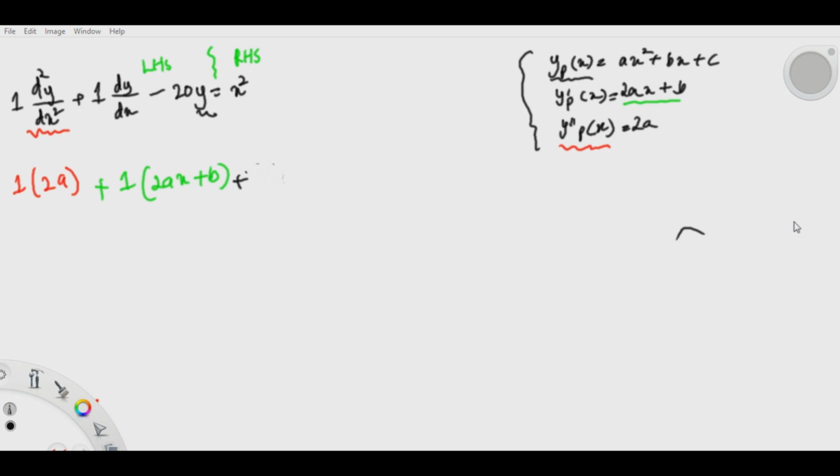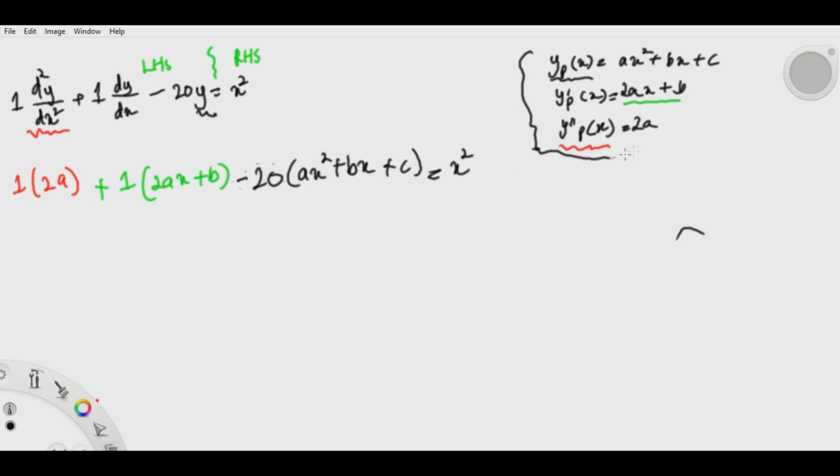What we get here is minus 20 bracket ax squared plus bx plus c, and all of this equals x squared.